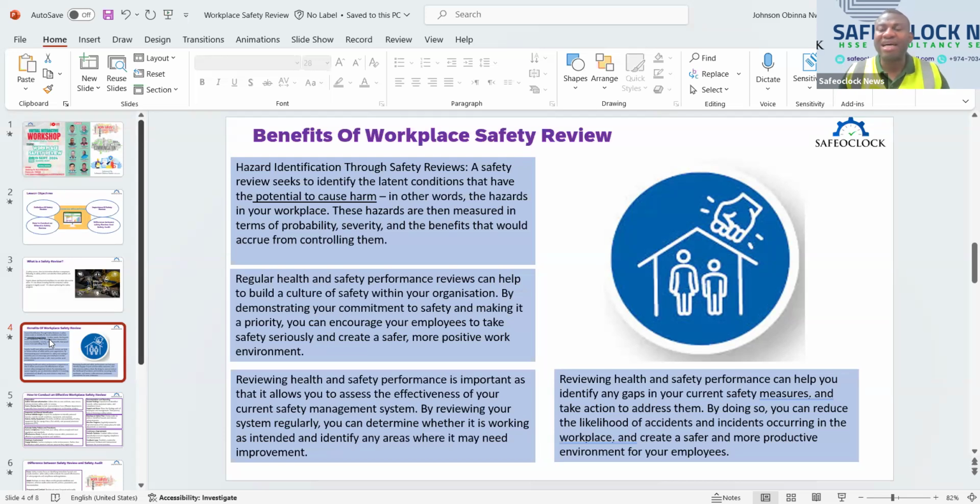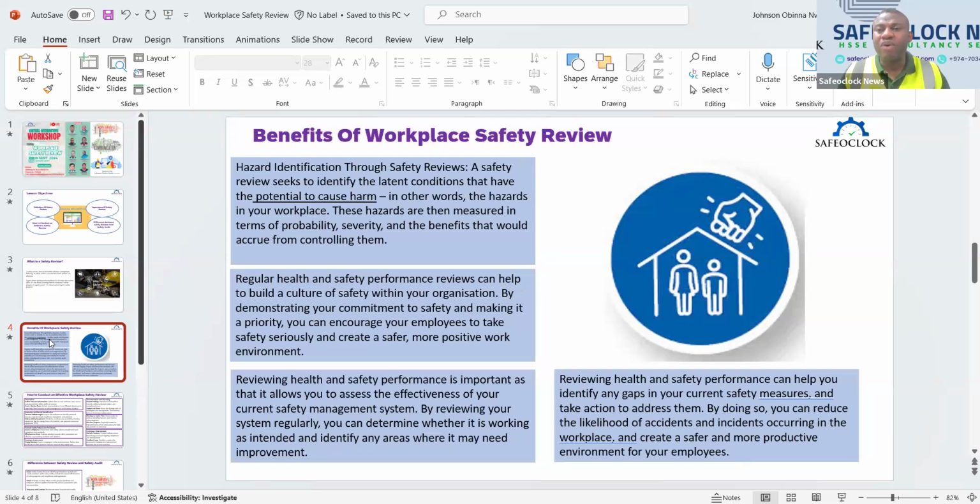You are looking at the hazards based on the programs, based on the policies, and how the organization is managing those workplaces at that moment, trying to find out if you are actually identifying the hazards and the risks associated with that activity.